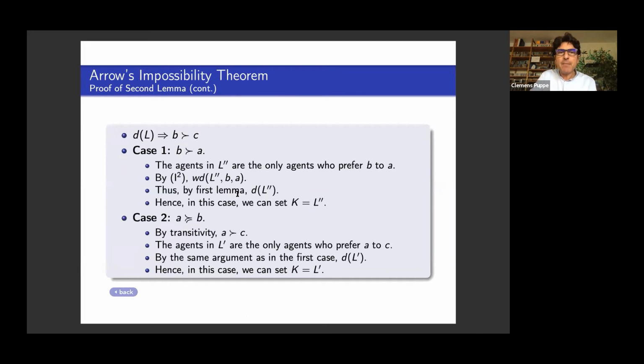But by the first lemma, weak decisiveness for some pair means you're decisive for everything. So in this case, we have found the decisive subgroup, it's L double prime.